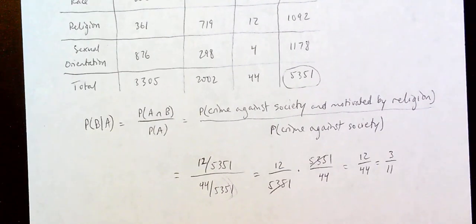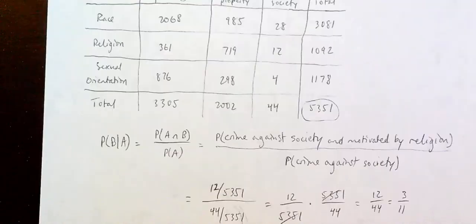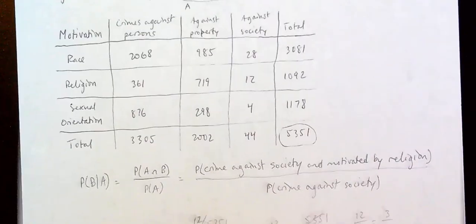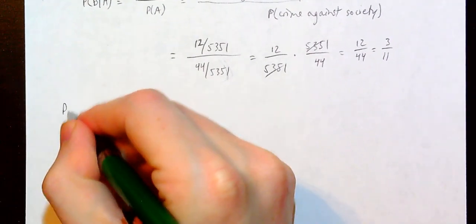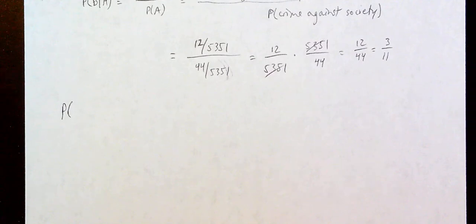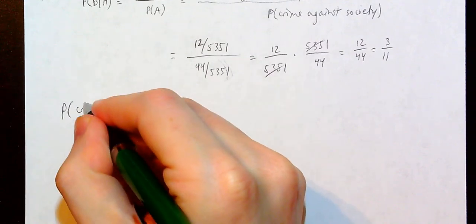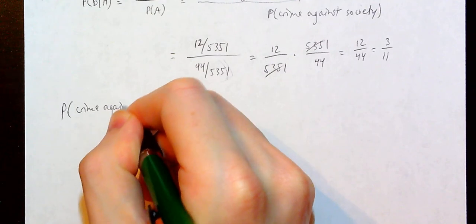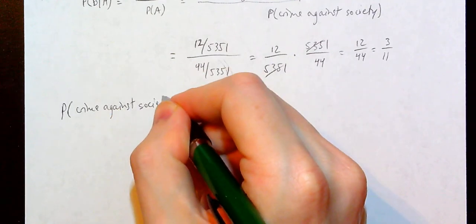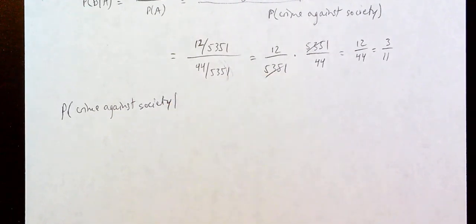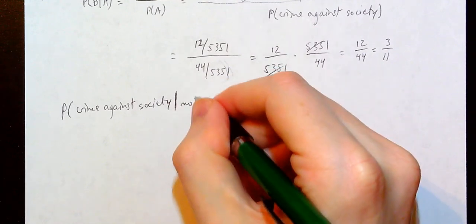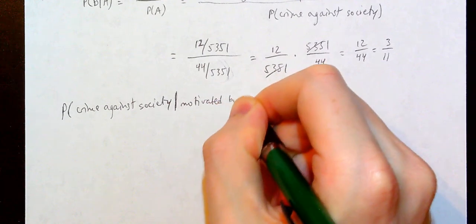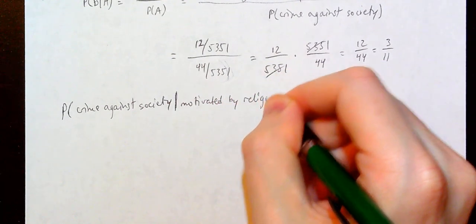Okay, let's switch the orders of these events A and B. Let's find the probability, I'll write it down here, that it was a crime against society, given that the crime was motivated by religion.